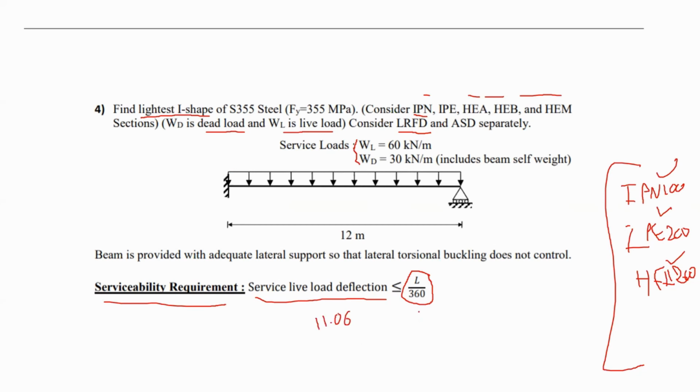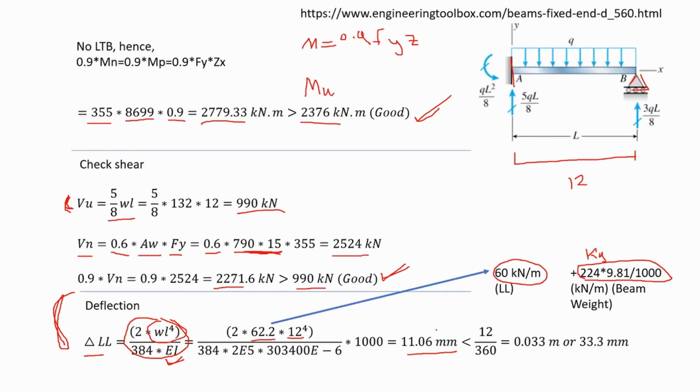Is it less than or equal to 12 divided by 360? So if we check that and compare, it appears that it is actually less. This value would be 33 millimeters. Therefore, 11 is less, of course. So the beam is satisfying all the conditions. It is satisfying the moment capacity, the shear capacity, and the deflection.